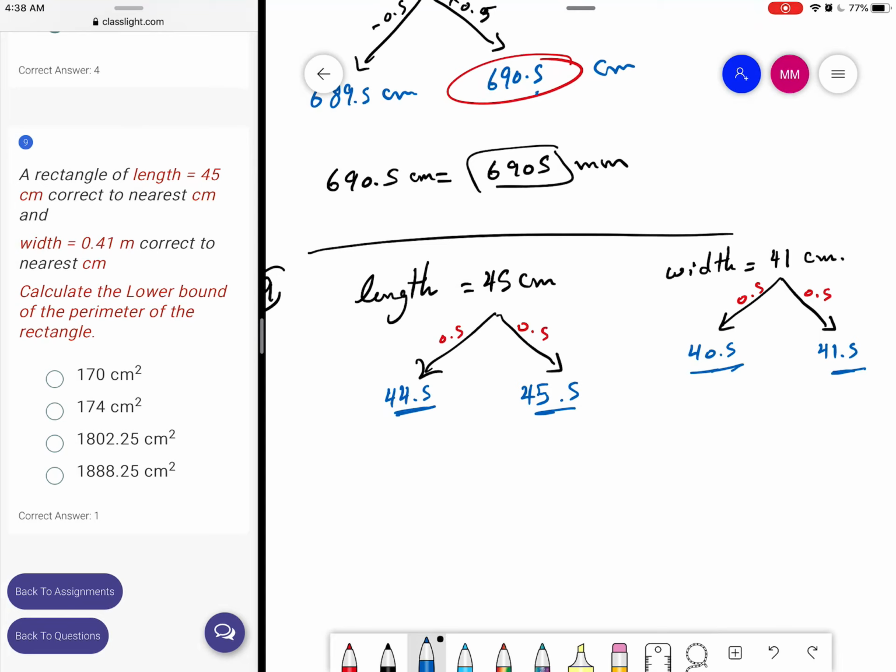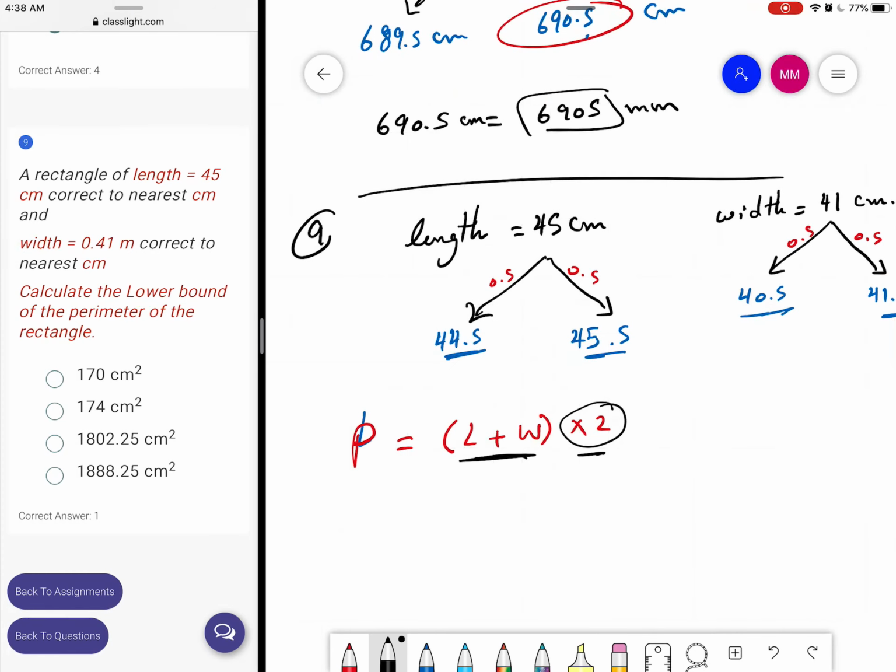Okay, how to calculate the lower bound of the perimeter, and what is the rule of perimeter actually at the beginning? Perimeter equals length plus width, multiplied by 2. Okay, so actually it's addition, not multiplication, because this multiplication is only with a constant. This number 2 is not correct to anything actually, so you will leave it 2.